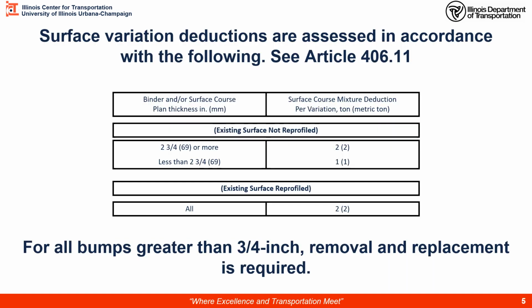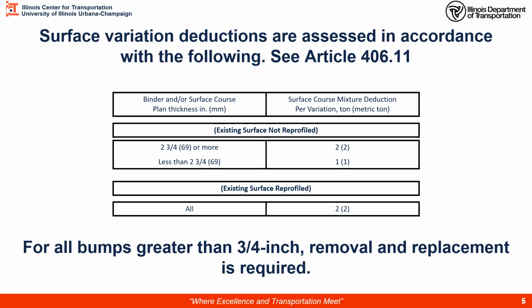Let's go to the specification book in Article 406.11. Here you see we have an excerpt of that article. You'll see that we have two categories of surface.